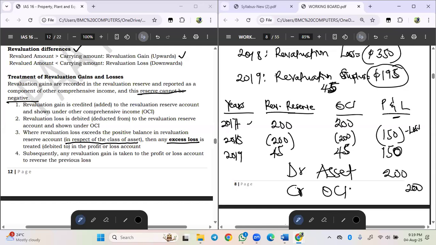Now, let's say you have an asset, you bought it on 1st January 2011. There was a revaluation on, let's say, 1st July 2013.